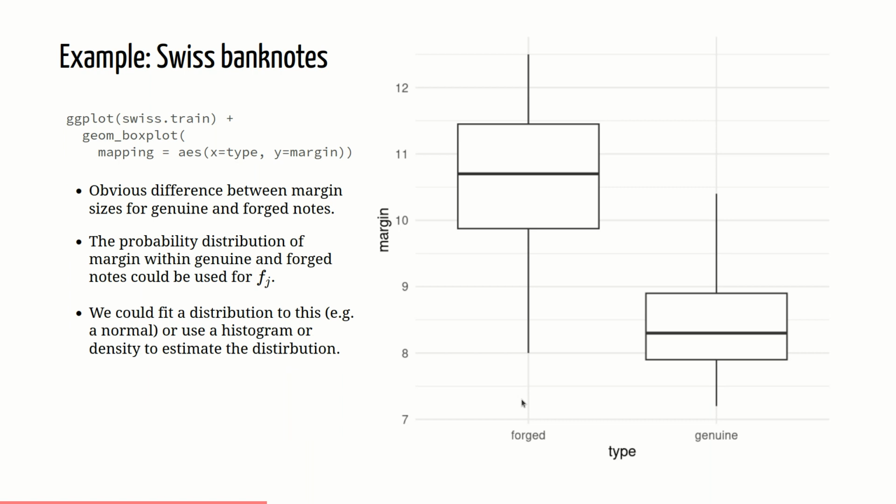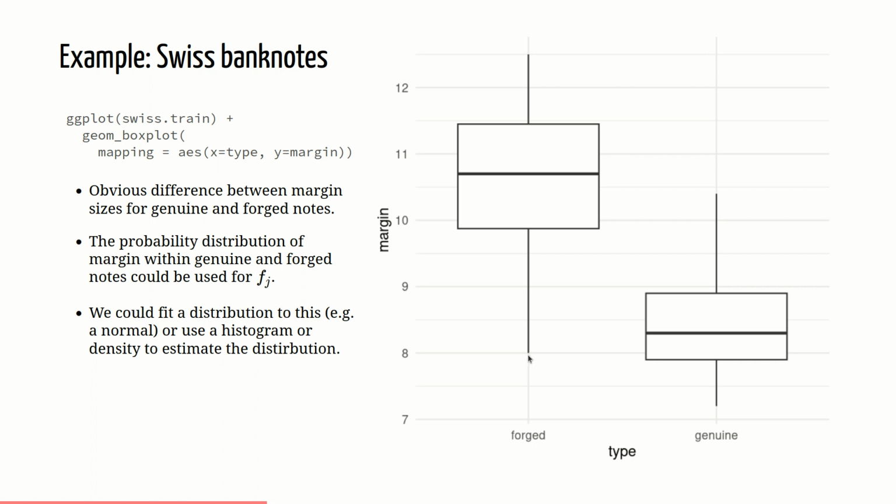So this is what it looks like if we just have a look at one of those variables, the margin. Then we can see that there's an obvious difference between the genuine notes and the forged notes, in that the genuine notes typically have a smaller margin than the forged notes. So if you measured the margin of a note that you don't know whether it's genuine or forged, and you got, say, 8 millimeters, then that's right at the edge of the forged distribution.